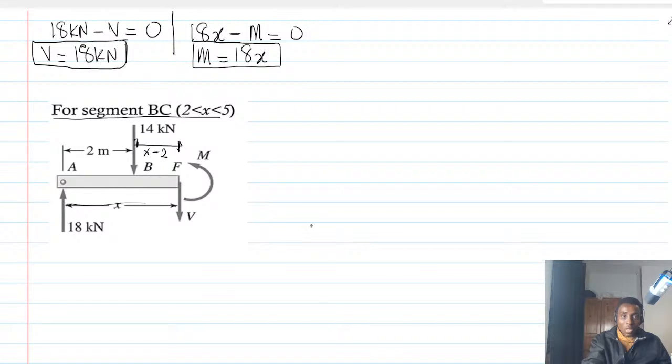Okay. And don't forget that always the shear force will come here, coming down, and the moment will go counterclockwise like that. Always. Okay. All right.